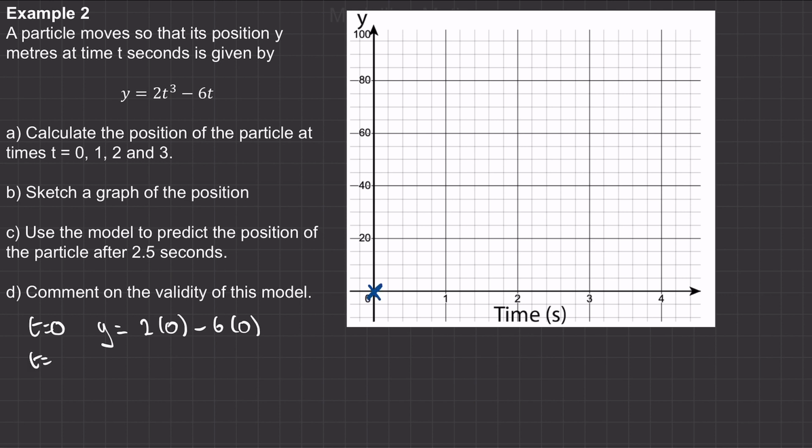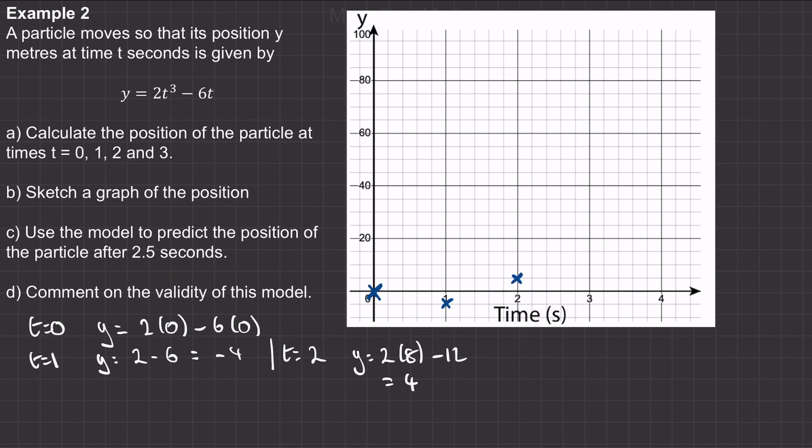And then when t equals 1, y will equal 2 minus 6. So this will give us negative 4. So here. And then t equals 2. This will give us y equals 2 lots of 8 minus 12. So this will give us positive 4, which is here.